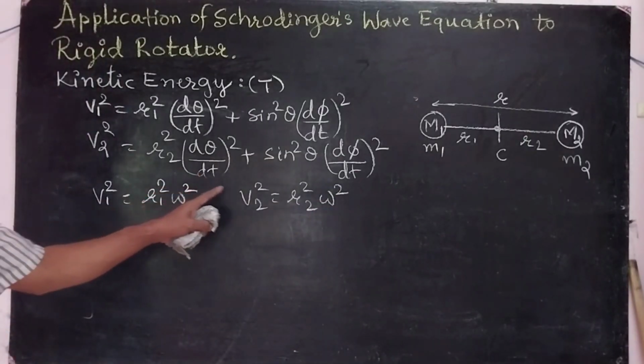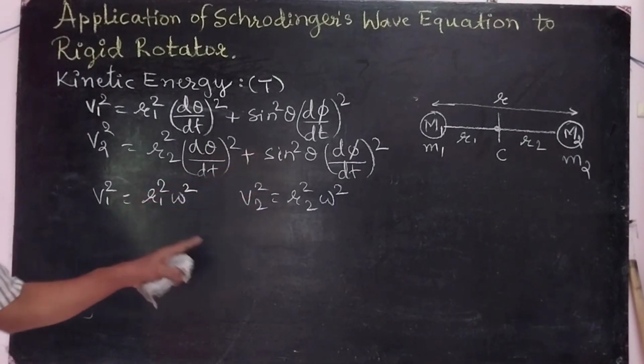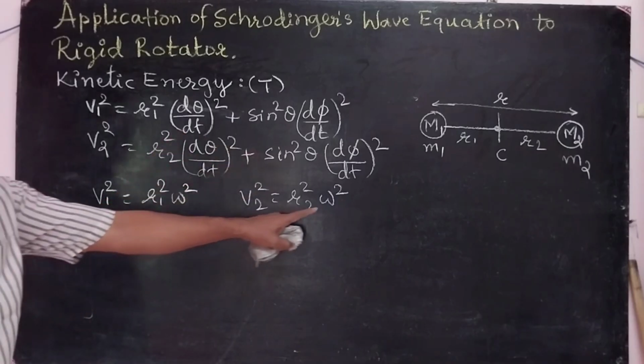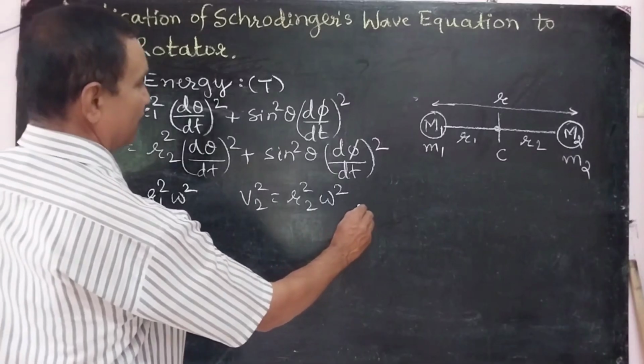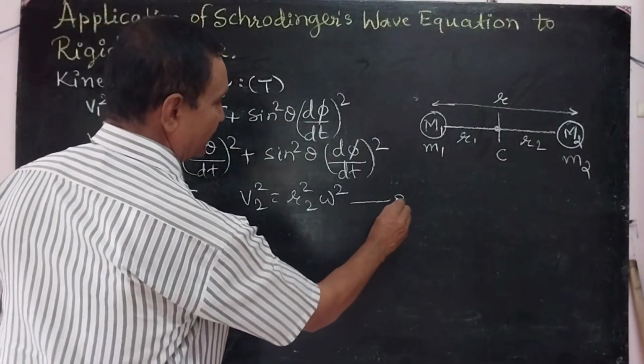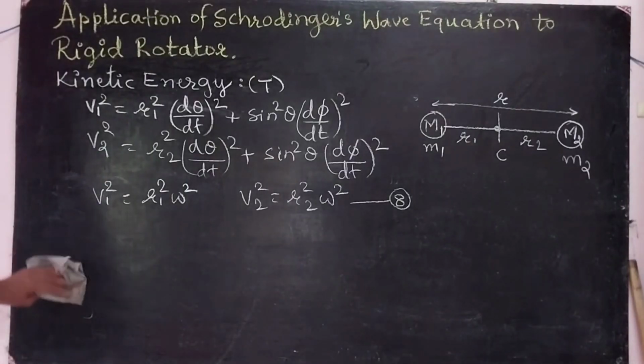Here, in both cases, the angular velocities are the same, which means they are rotating with the same angular velocity. Suppose this is equation 8. Now we may substitute this in equation 7.